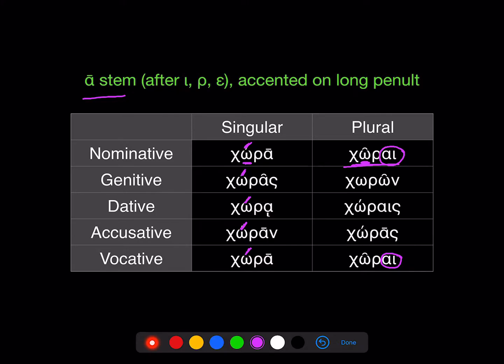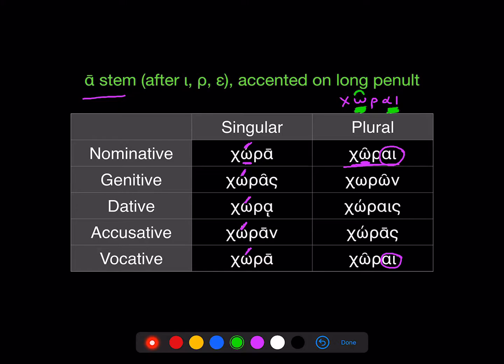So then you have, right, I'm going to write it out. Then you have chorai. It wants to be accented over this omega, and it can be, but because the omega is long, and the alpha iota counts as short, it's got to be a circumflex.